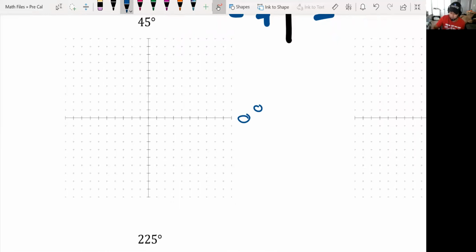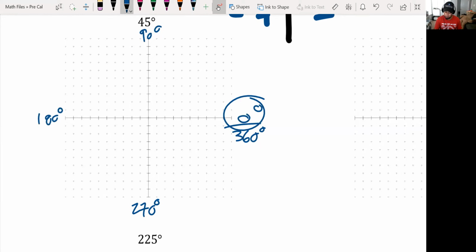And then if we go counterclockwise, you'd have 90 degrees, 180 degrees, 270 degrees, and if you do one full rotation, this is also 360 degrees. So all we want to plot is 45 degrees. So 45 degrees would be in the first quadrant, because 45 is between 0 and 90.